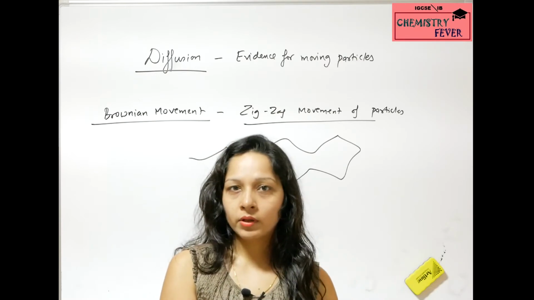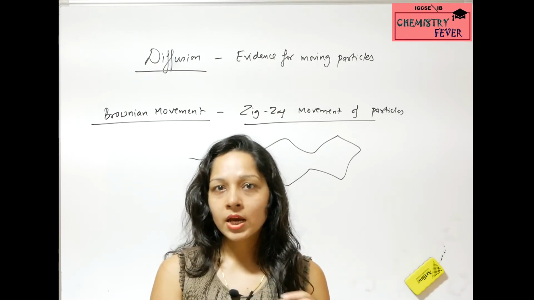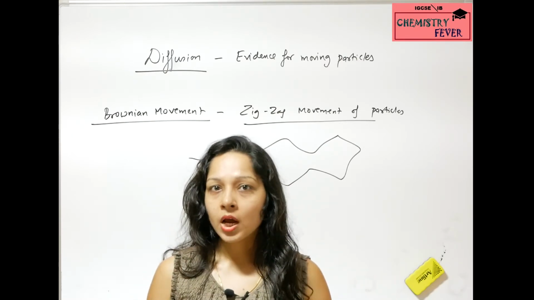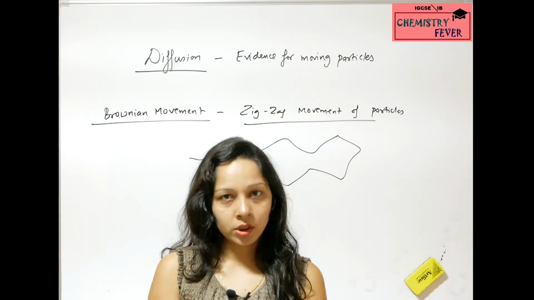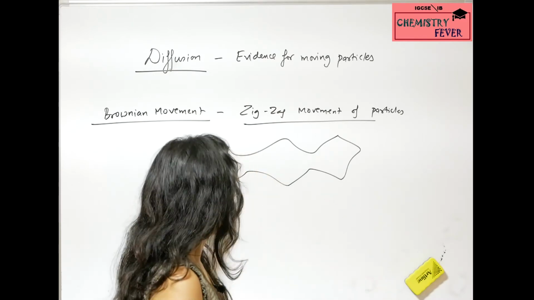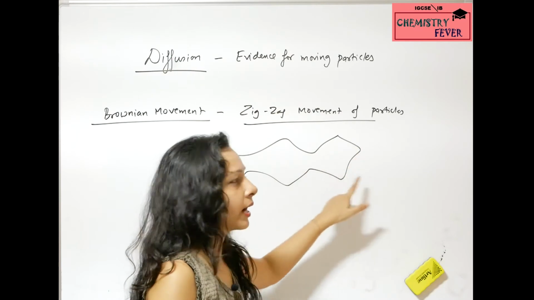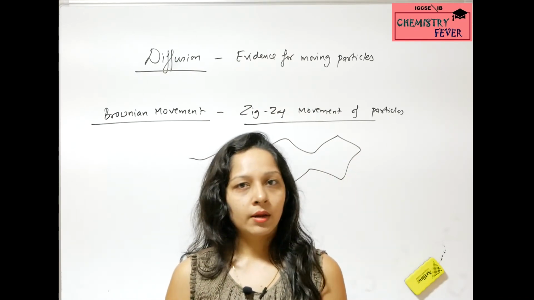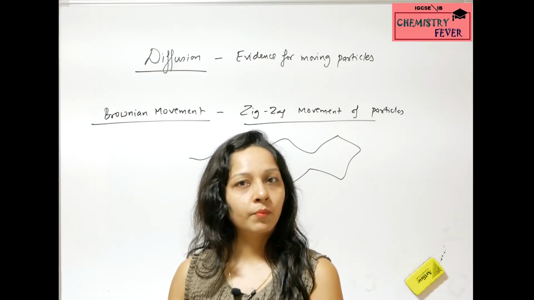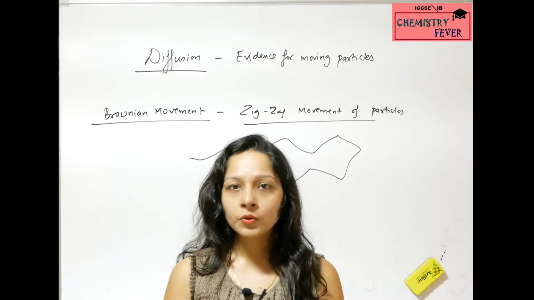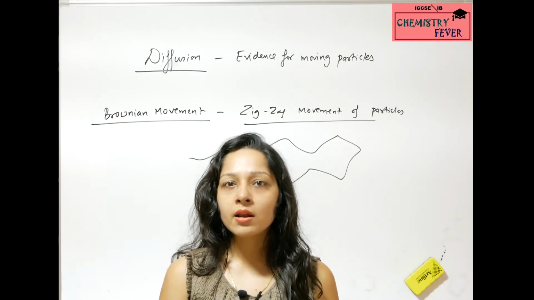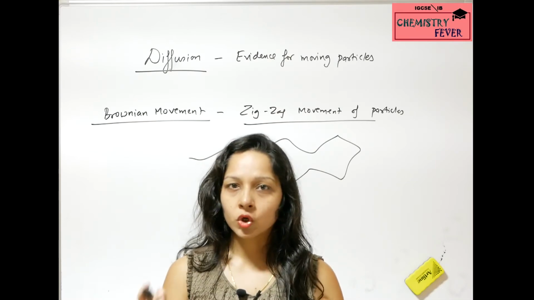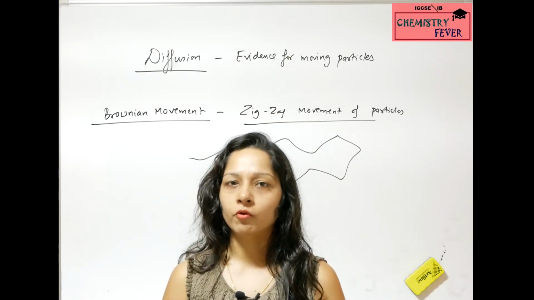They are colliding with visible pollen grains, striking them continuously. Because of that collision, the particles show this zigzag random movement. This is called Brownian movement, because of smaller, faster moving particles which are continuously colliding with visible particles. This is called Brownian movement, the zigzag movement.